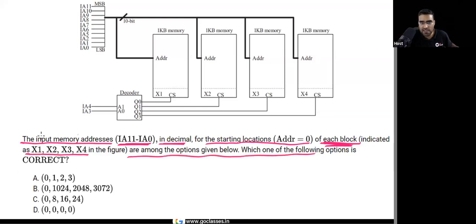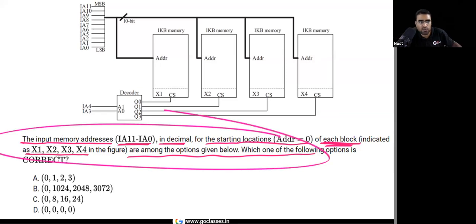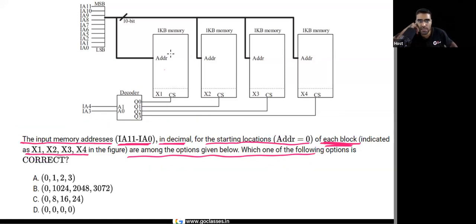This question is asking, for every block, what is the starting memory location?